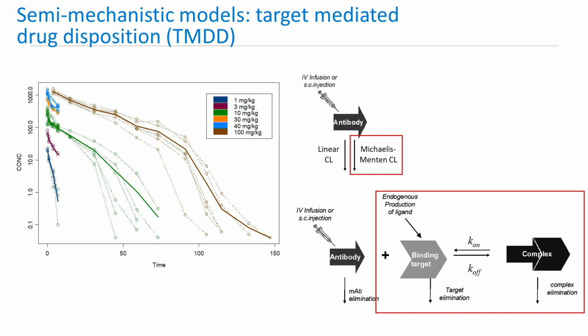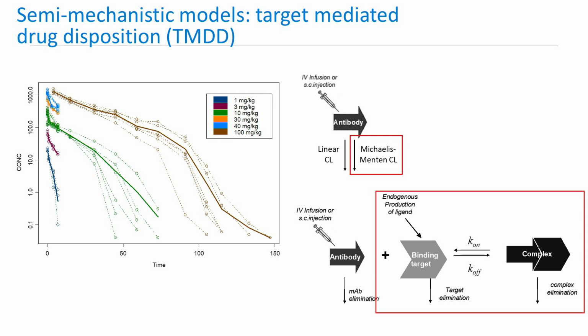If we don't have measurements of both the drug as well as the target binding site as well as the complex, we often will represent this with an empirical model, which is just looking at the antibody and then assuming that you have a parallel linear and nonlinear or Michaelis-Menten clearance.